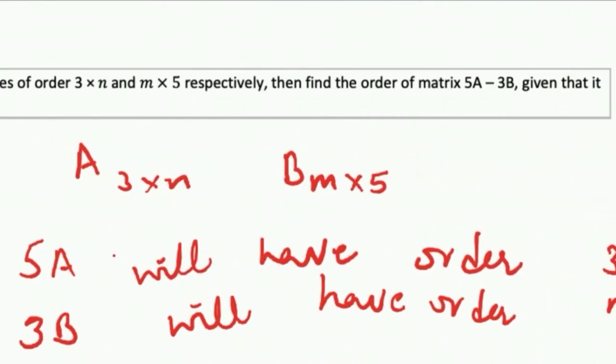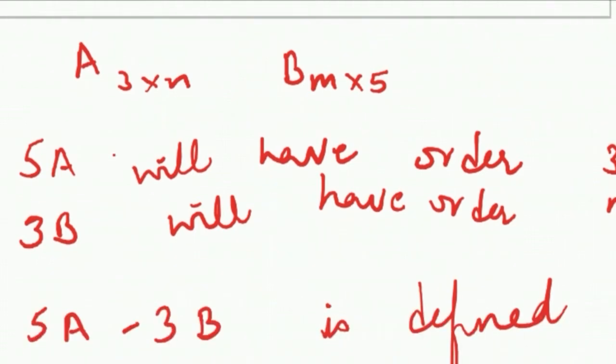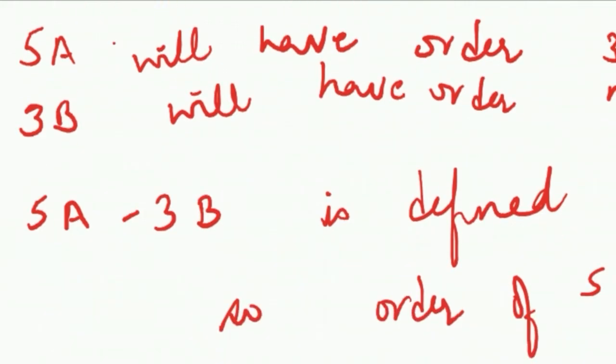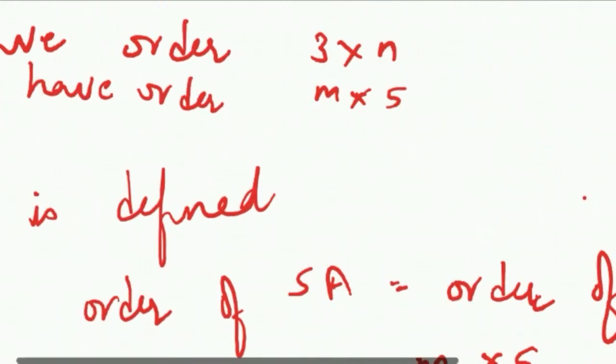And similarly 3b will have the same order as B, which is m cross 5. Now if I want some operation of subtraction to be applied in between, the order has to be same. So order of 5a will be equal to order of 3b.